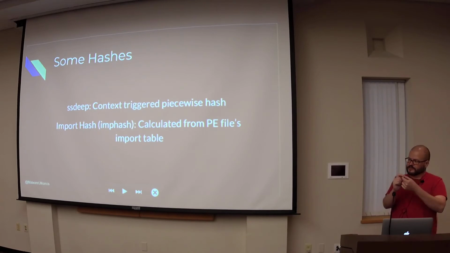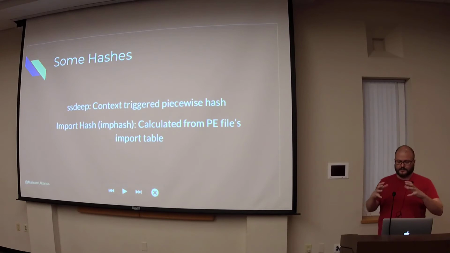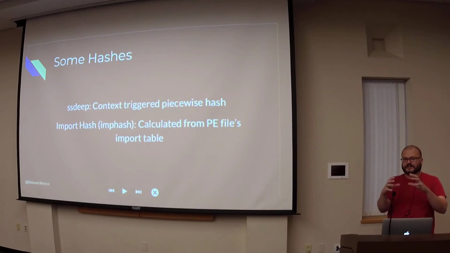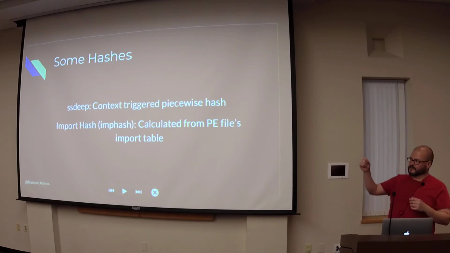What you want to do is have a sphere representing your tolerance for how similar something might be. If you decide everything that's a certain distance or less away from that point, which is the file, is related to that file, then that sphere and everything within it is a cluster of files that are matched to the SSDeep hash you're looking for.